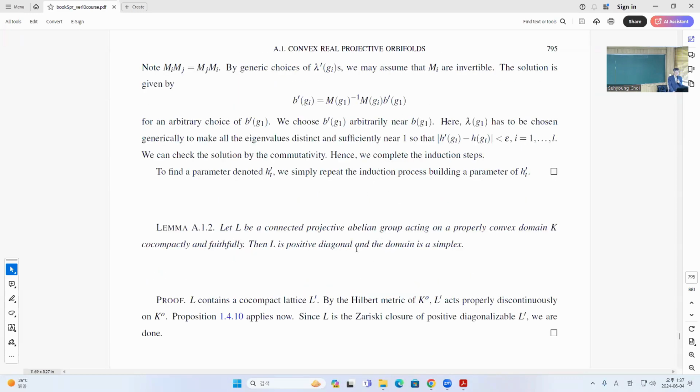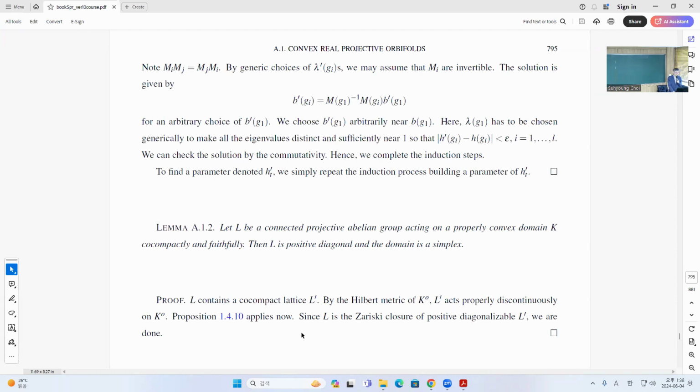That's the idea. So if L is a connected projective abelian group acting on a properly convex domain co-compactly and faithfully, then L is actually positive diagonal and the domain is a simplex. If it's a properly convex domain, then it is a simplex.